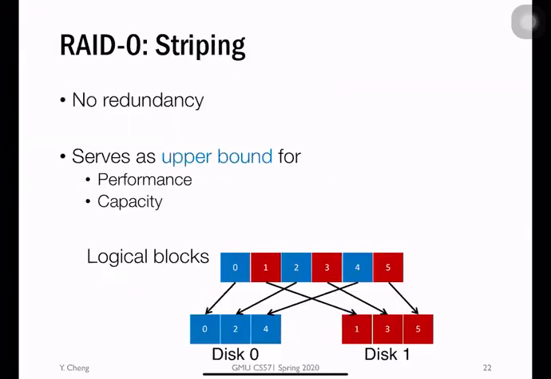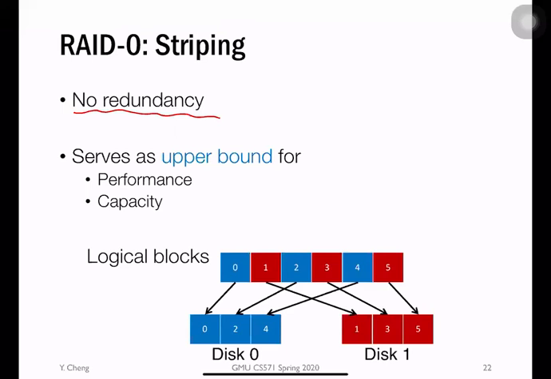Okay, so RAID-0 is often called data striping. By striping, I mean it stripes the data across multiple hard disk drives. Because it's the most baseline case, it doesn't support reliability, so there's no redundancy at all. It doesn't support data redundancy, so the reliability level is literally 0.